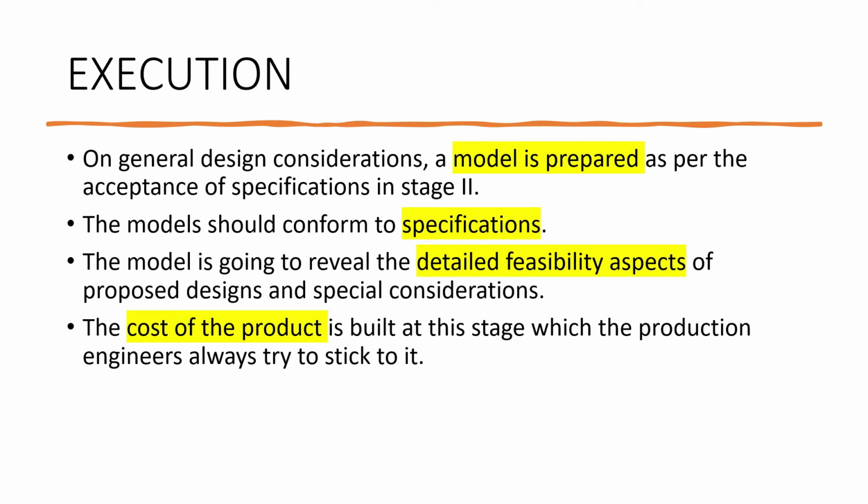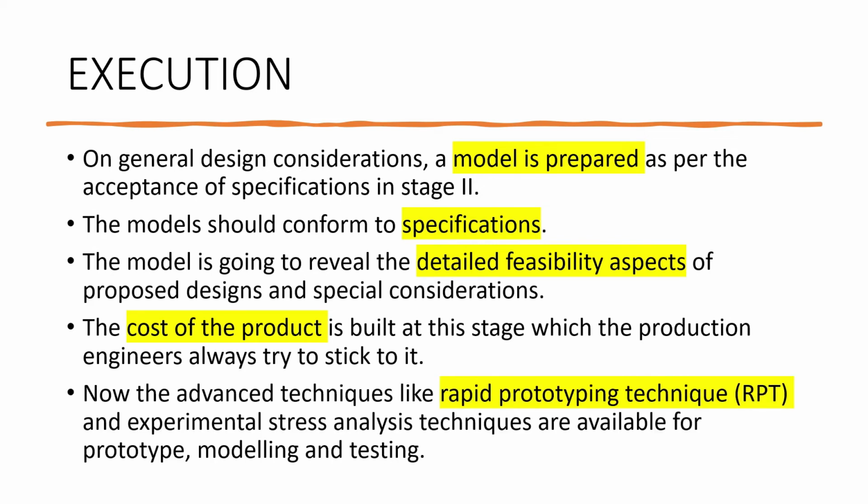And the cost of the product is almost estimated at this stage, and the production engineers will stick to this particular cost. So nowadays we have advanced techniques like rapid prototype technique and experimental stress analysis. These are used for testing the prototype or the model.